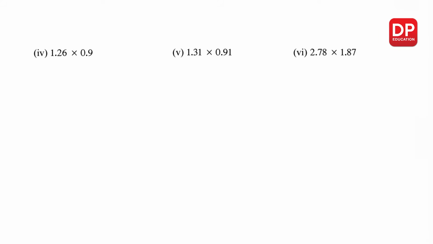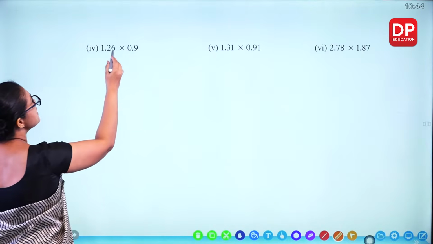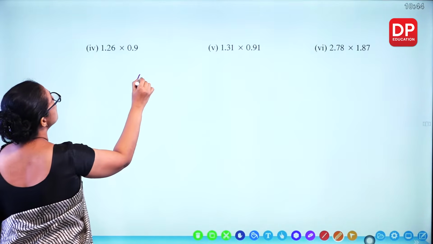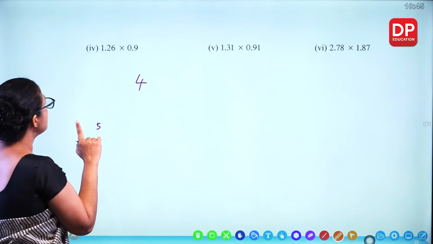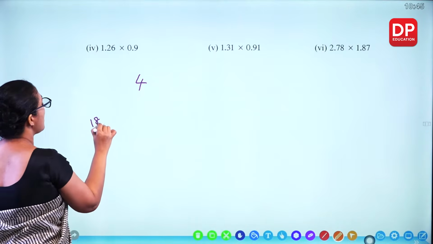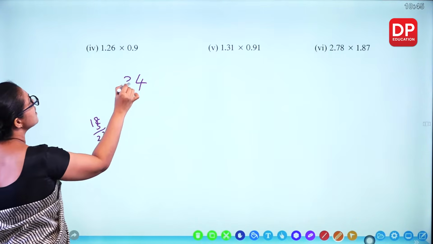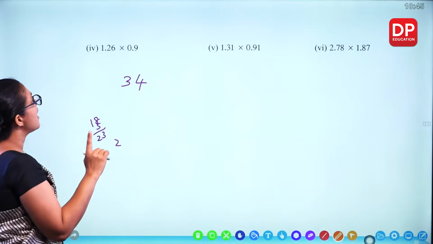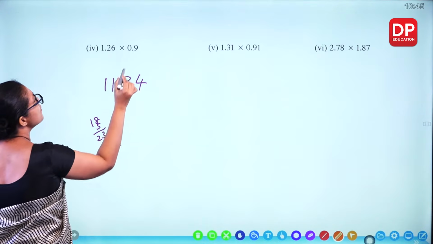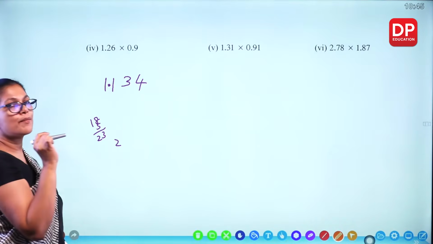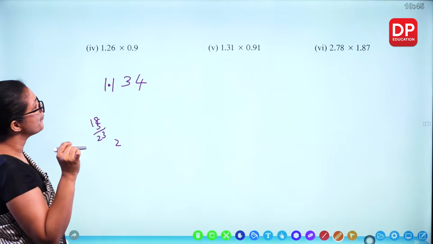This one multiplied by 9. 9 times 6, 54. 5 remaining. 9 times 2, 18. 18 plus 5, 23. 2 remaining. 9 times 1, 9 plus 2, 11. Now keep 3 places. So the answer is 1.134.